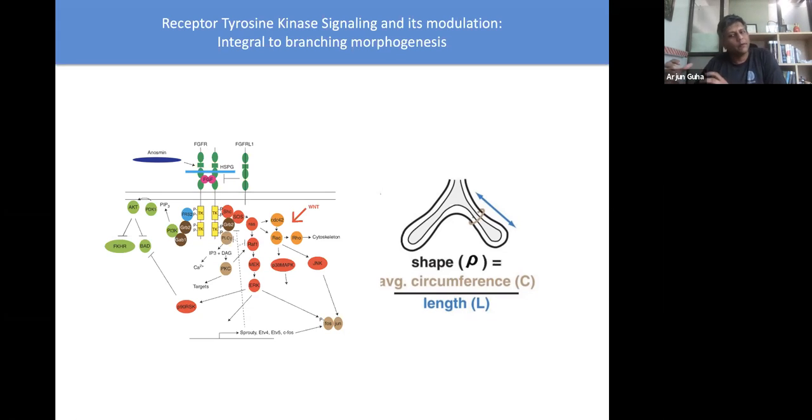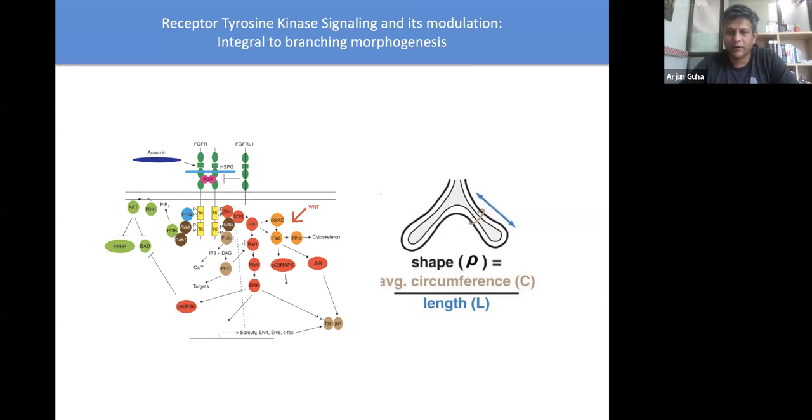But what most people do accept is that it's most likely not going to involve direct interaction between the ligand and its receptor, but is going to involve more complex regulation within cells in terms of feedback regulation. For example, the levels of Sprouty, the levels of other self-inhibitory elements of the receptor tyrosine kinase signaling pathway that are induced in these different domains of the growing tube.